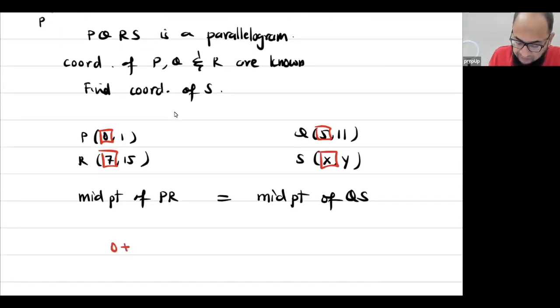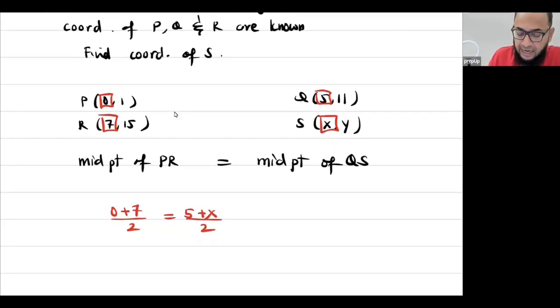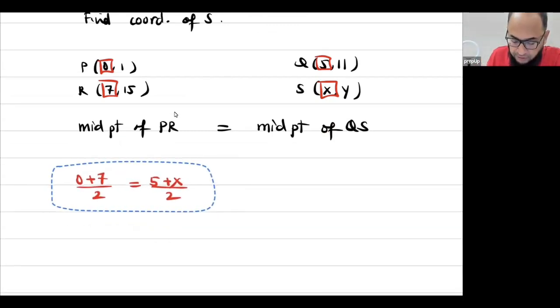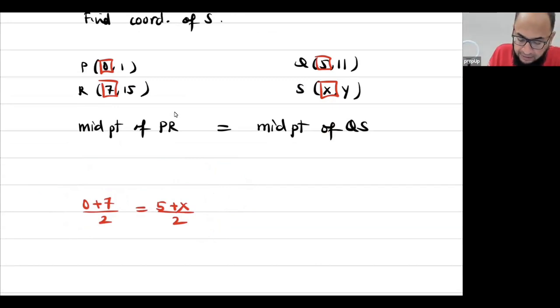So 0 plus 7 divided by 2 should equal 5 plus X divided by 2. Does it make sense? The average of the X coordinates should equal the average of the X coordinates from the other diagonal. So this is for the X coordinates.